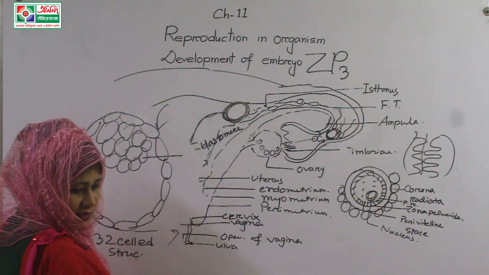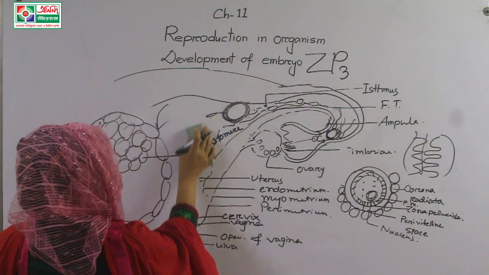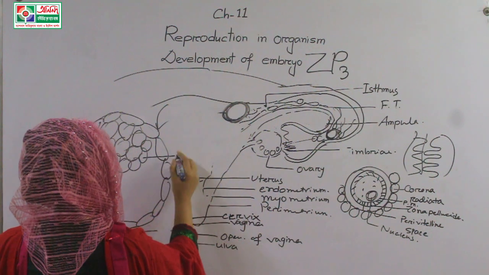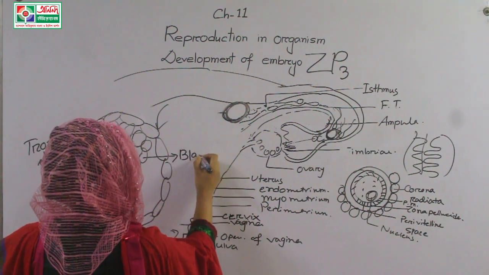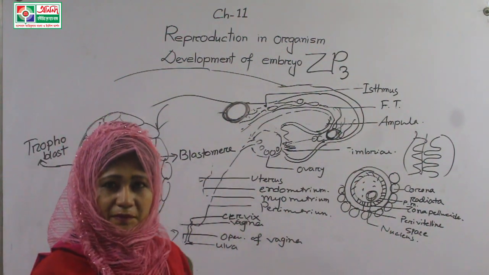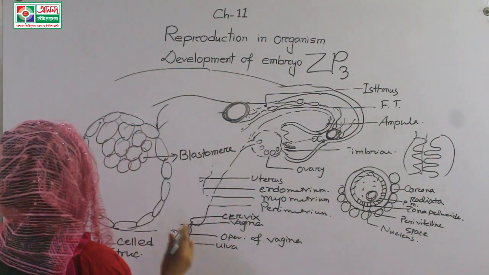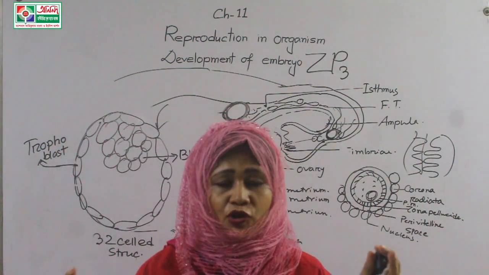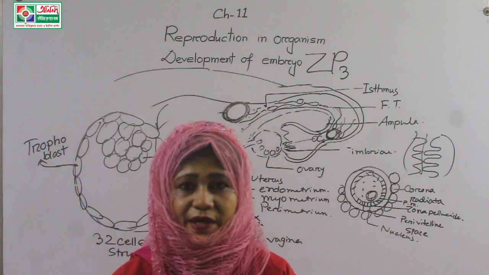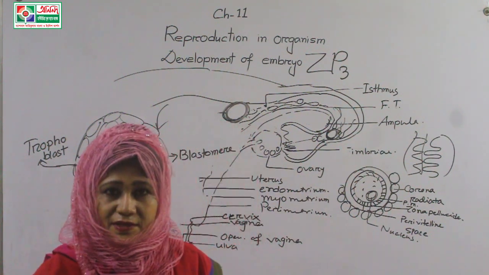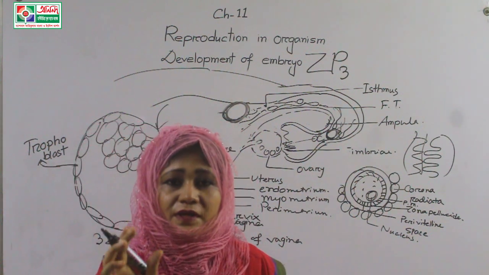Each cell of the blastocyst is known as the blastomere. And here all the fluids become confluent, that means they get together and make a cavity. This cavity is known as the blastocele.